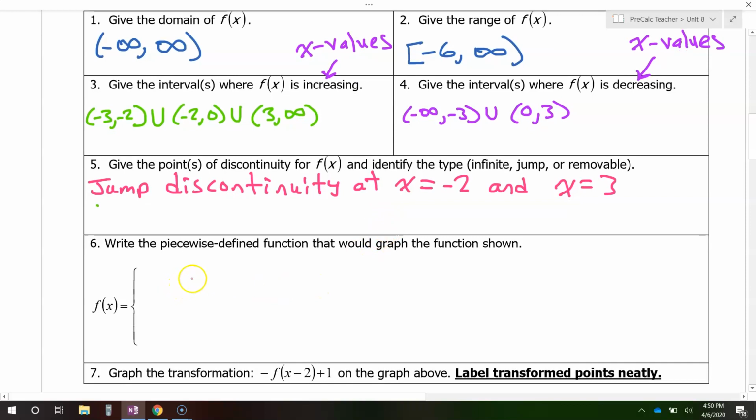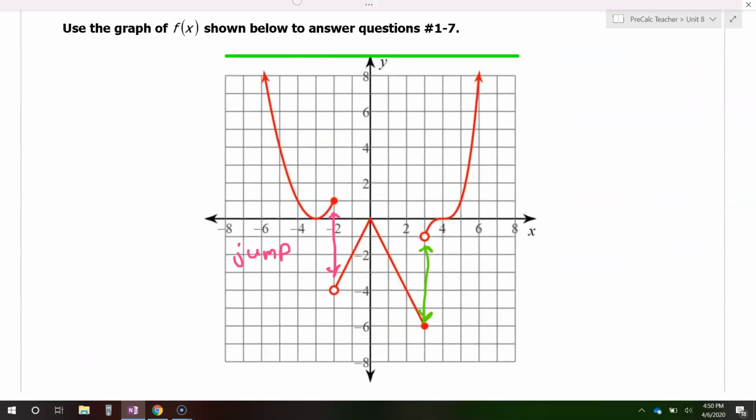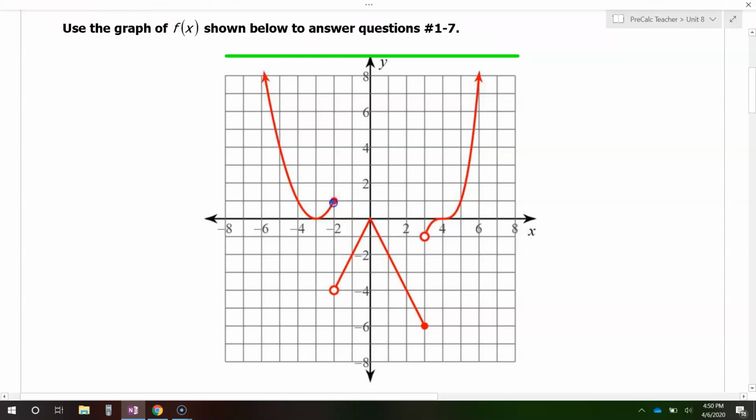Now it's time to write the piecewise defined function that would graph the function shown. So we're going to write a function for each piece of this graph. Starting with this piece right here, that goes like this.